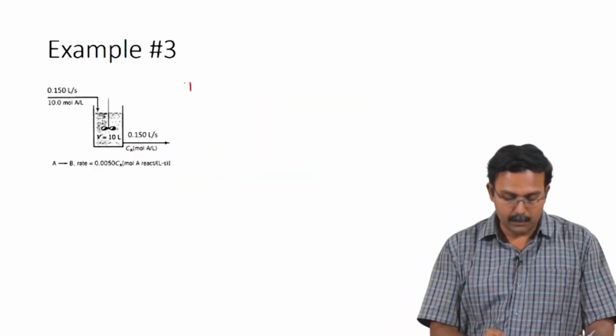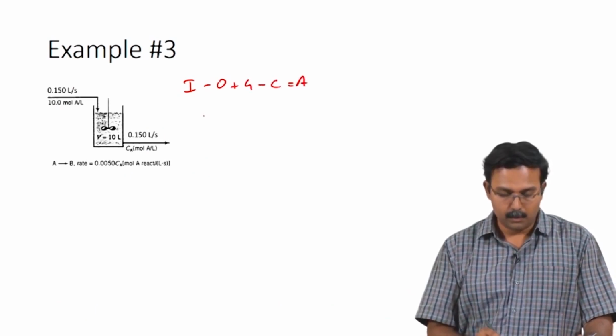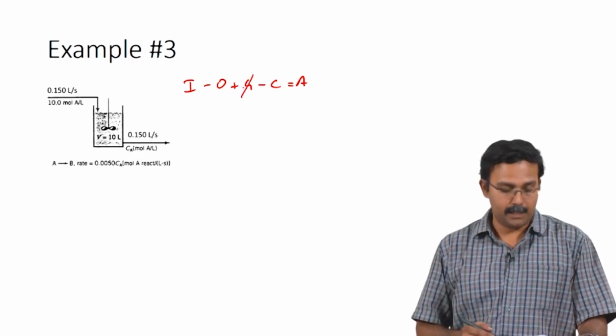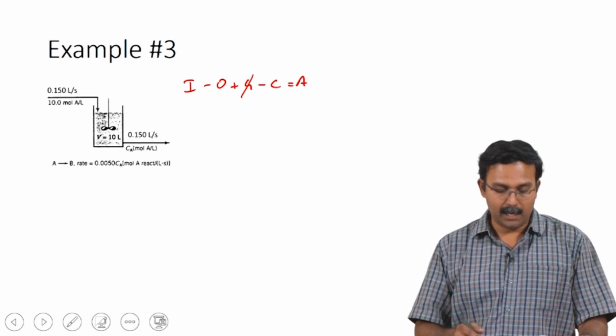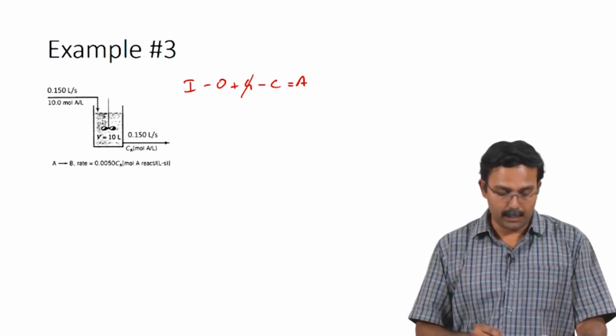As usual, we start with the general balance equation, which is input minus output plus generation minus consumption equals accumulation. So, here you do not have a generation term for component A, however, you would have a consumption term. You do have input and output and accumulation terms.